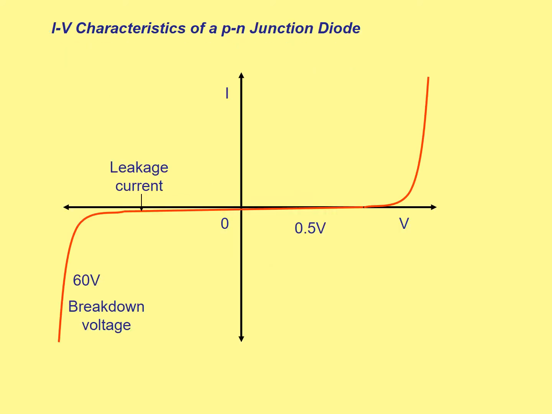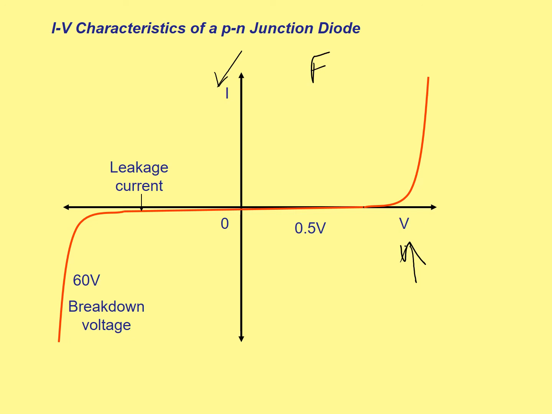Okay, so if we have a look at the current and voltage characteristics of a PN junction, we can see here we have potential on the x-axis, and that's what's being supplied, and here we have current on the y-axis. So potential provided within one direction, this is when we are forward biased.